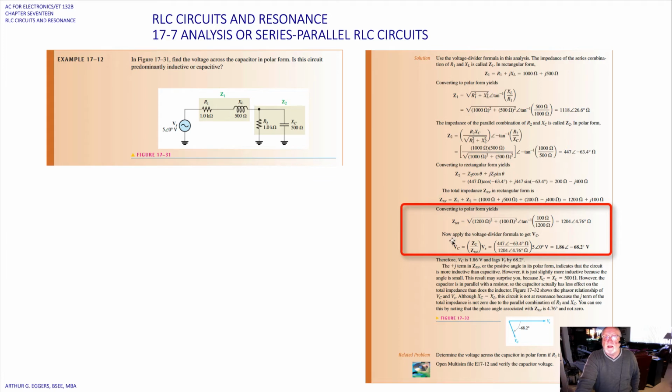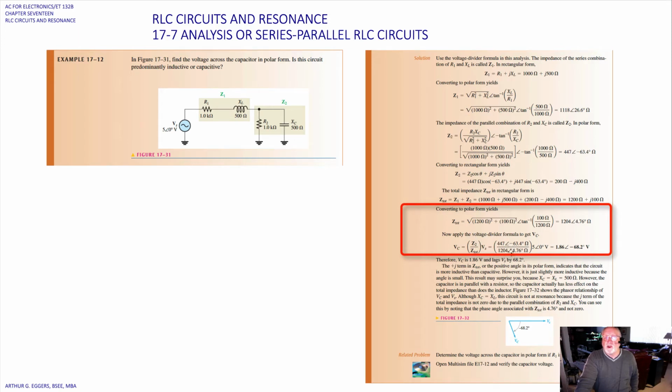And then finally, they say now apply the voltage divider formula. Again, this is the same relationship that you learned in ET131 to find V sub C. So V sub C is equal to Z2, that branch, divided by the total, multiplied times V sub S. That should be very familiar to you.